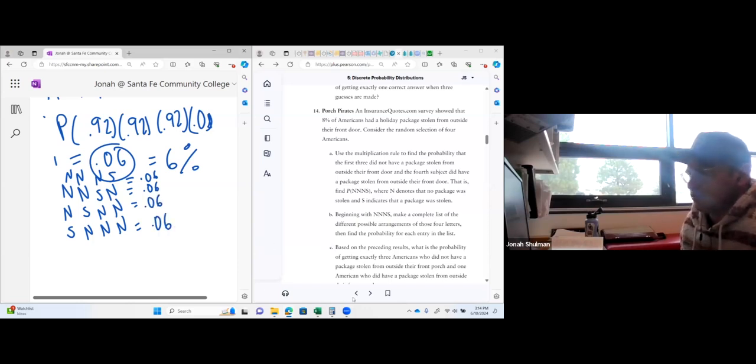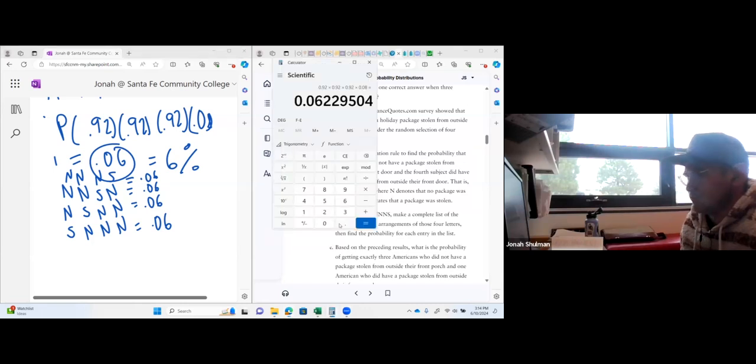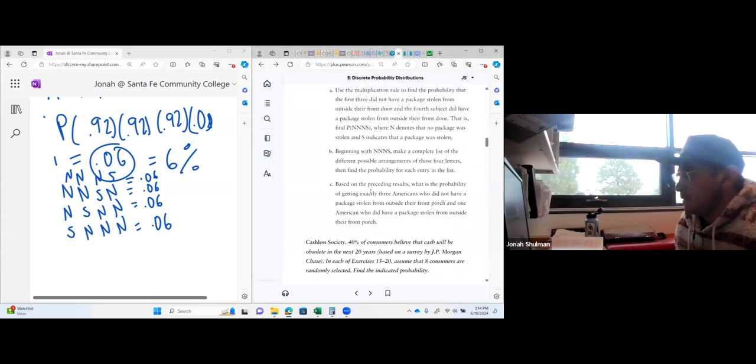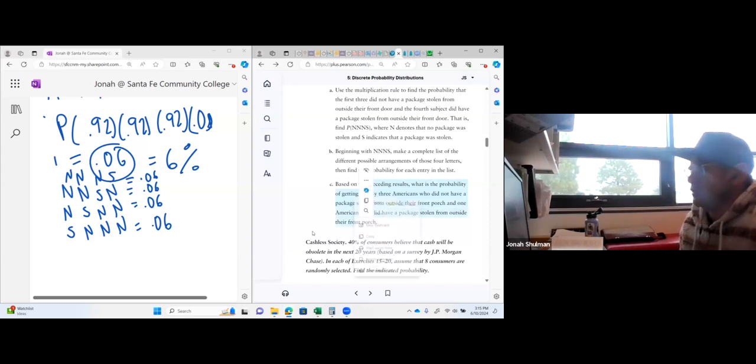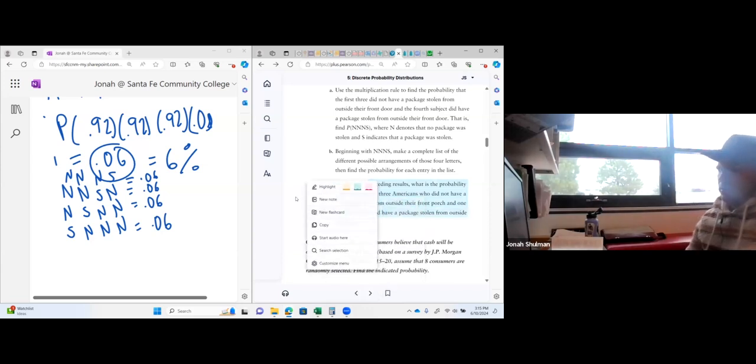I can do another one. I'll do the last one. That's a match, 0.06. Based on the preceding results, what is the probability of getting exactly 3 Americans who did not have a package stolen from outside their porch, and 1 American who did have a package stolen from outside the porch?